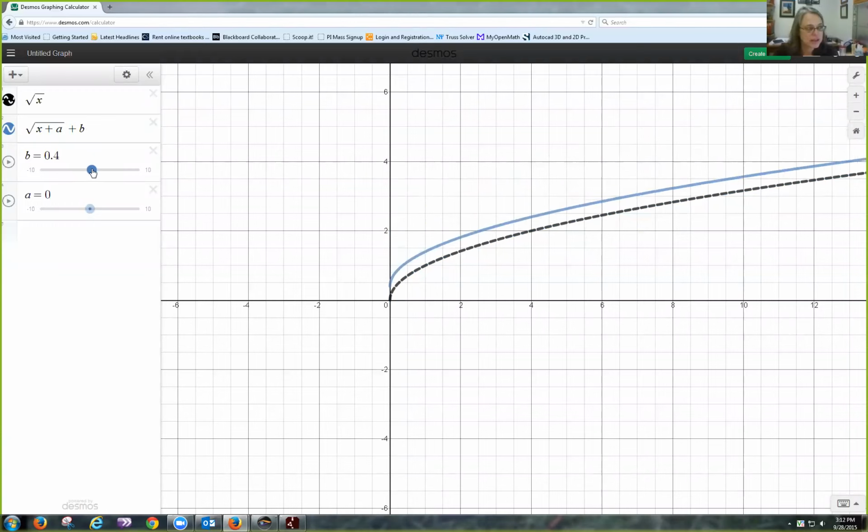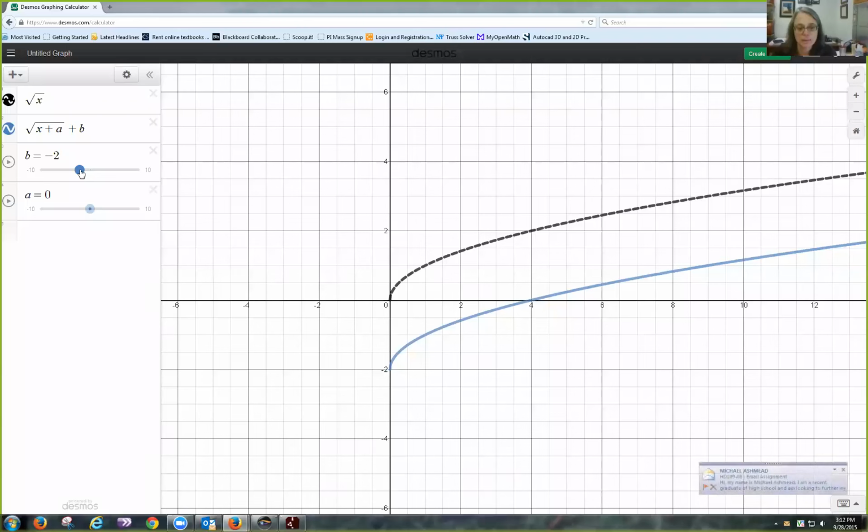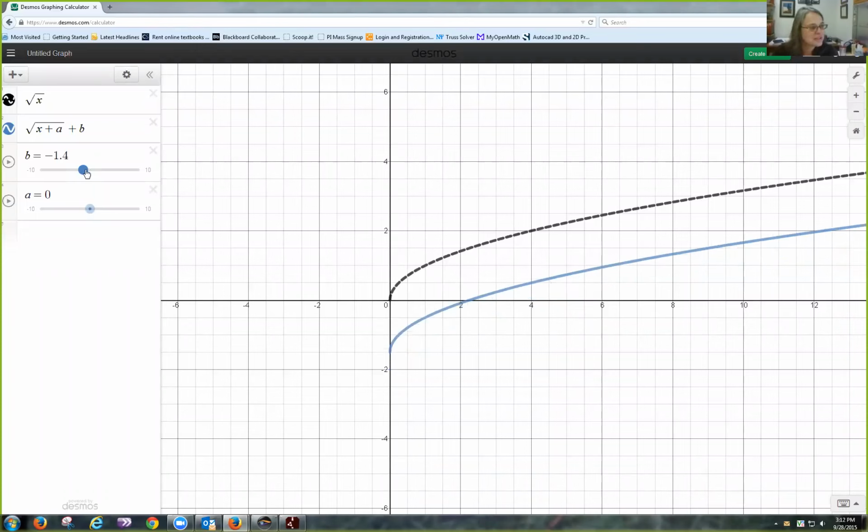If I take away that adder, that new line goes right back on top of the old one. If I subtract, what happens? So let's make this negative 2, which means really this is square root of x minus 2. Shifts downward, just like we expect based on what I said a minute ago. All right, so let's put this back to 0.